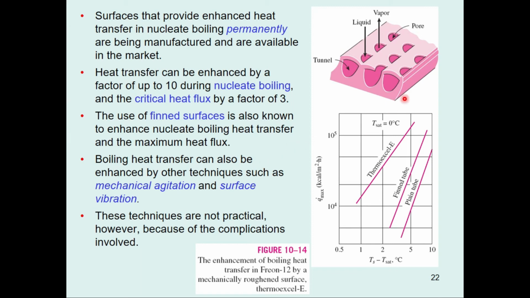If we have a surface actually made of different tunnels and different pores, that increases the rate of heat transfer. The heat transfer can be enhanced by a factor of up to 10 during nucleate boiling, and the critical heat flux by a factor of 3. The use of finned surfaces is also known to enhance the nucleate boiling heat transfer and the maximum heat flux.